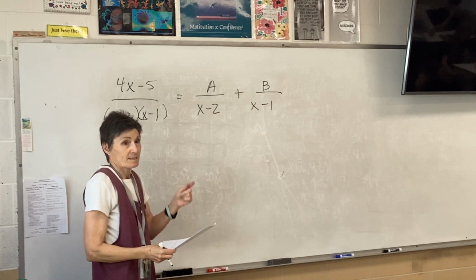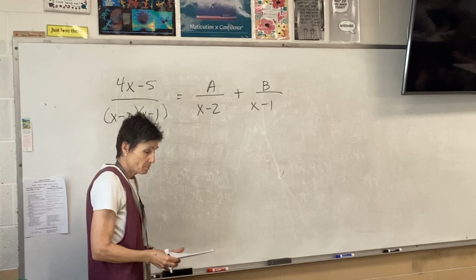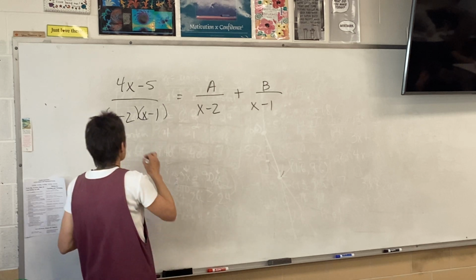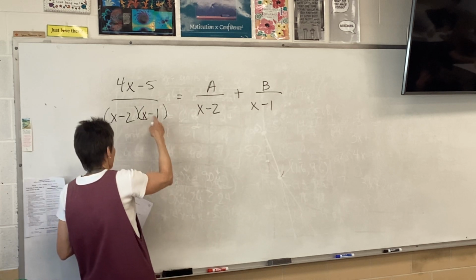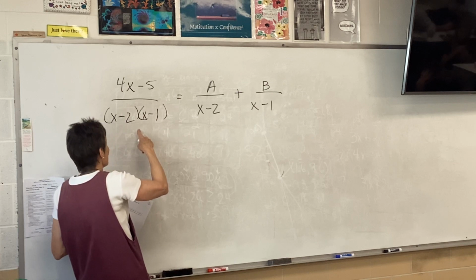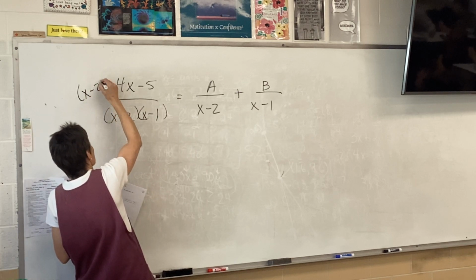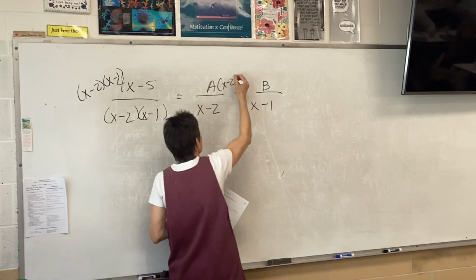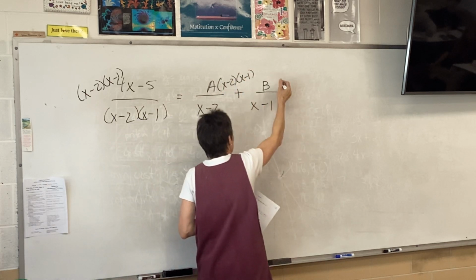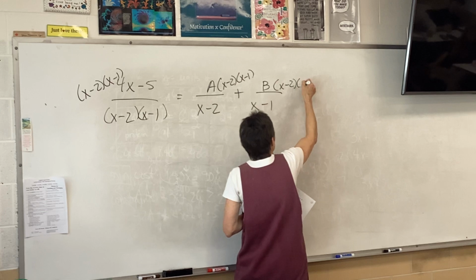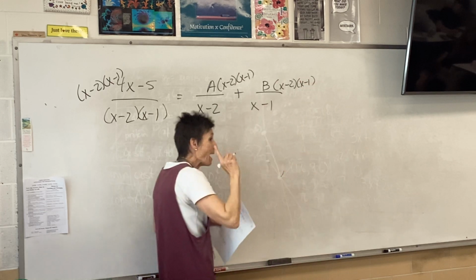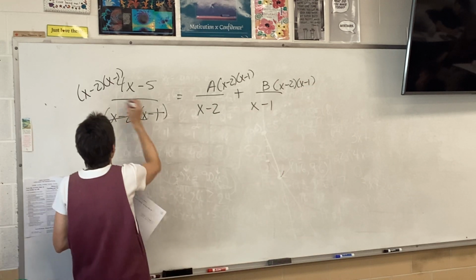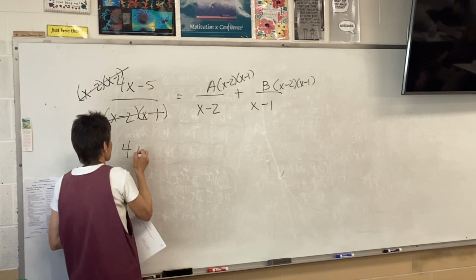All right, what's next? Multiply everything by the common denominator. So the common denominator obviously would be this. So I'm gonna multiply everything. I always write it down. You guys don't need to. If you can do it in your head, that's perfectly okay. But understand what's happening is the denominators are all going to cancel.